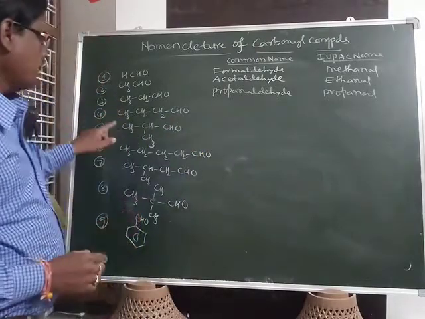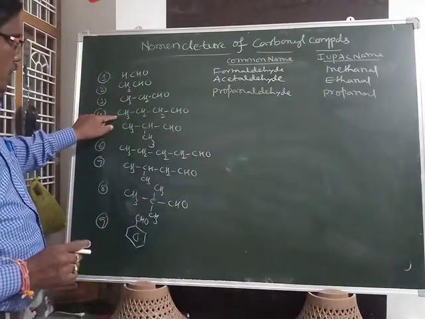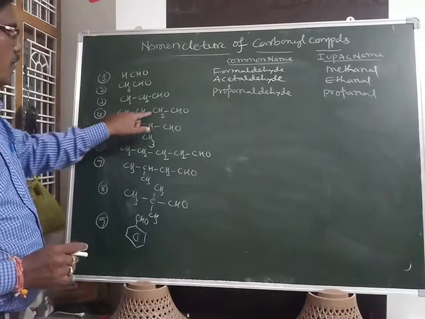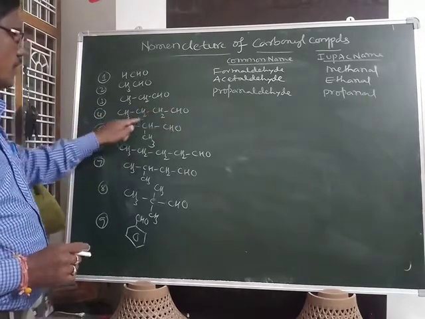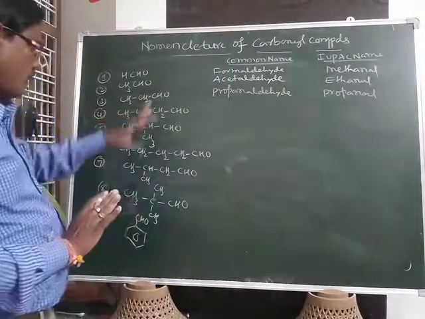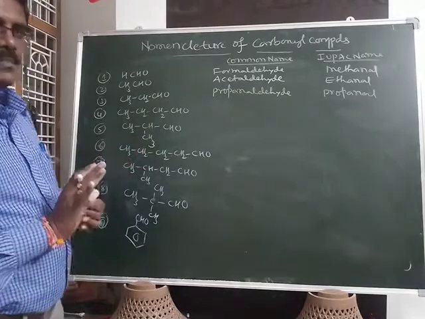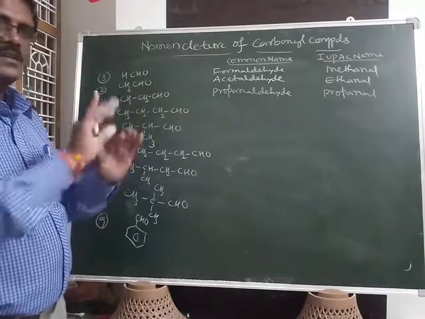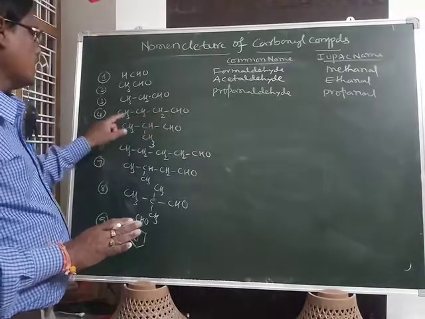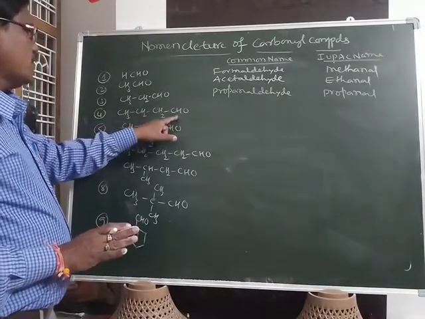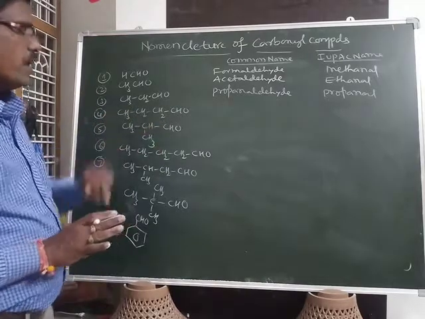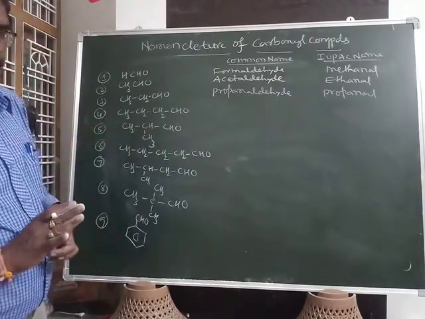Next, the fourth and fifth compounds, and here is very important information: 4 and 5 contain the same number of carbons, 4 carbons, and the same molecular formula. You count the carbons, hydrogens and oxygen: 4 carbons, 8 hydrogens and 1 oxygen in both compounds.